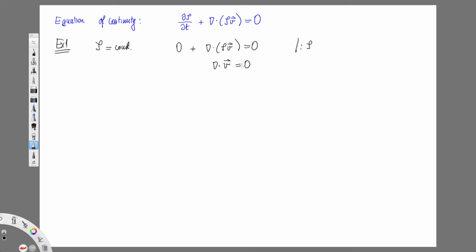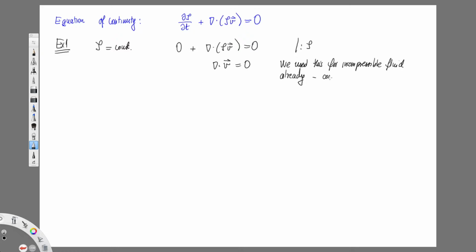So these are our incompressible fluids. We used this already, so it's actually a consequence of the equation of continuity. We used this for incompressible fluid already.